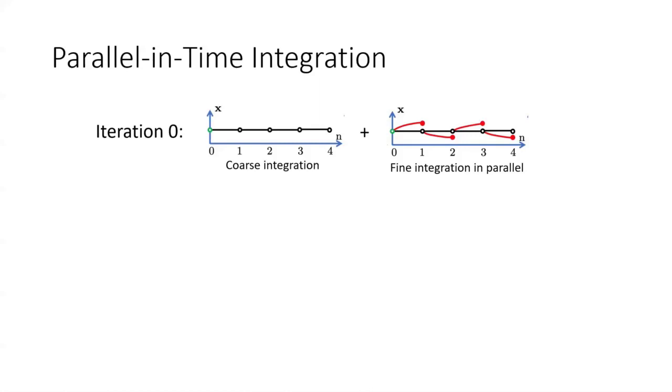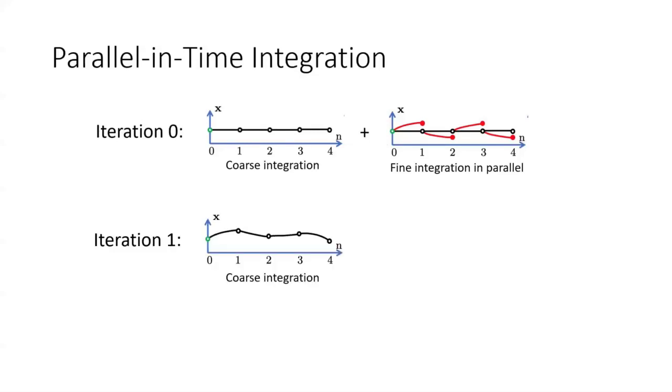Now you have paid 1/4 of the price that you would pay if you were to use the fine model on the full thing, right? But you don't stop here. There is a particular propagation rule, but basically you look at the difference between these two, and then you update the next step using the coarse integrator again.